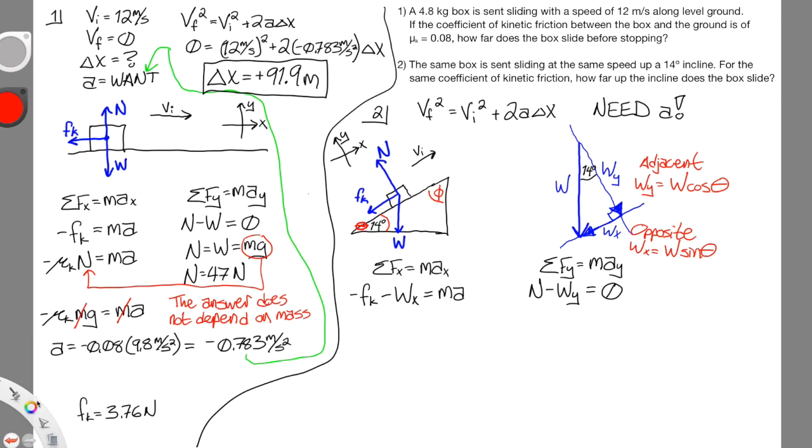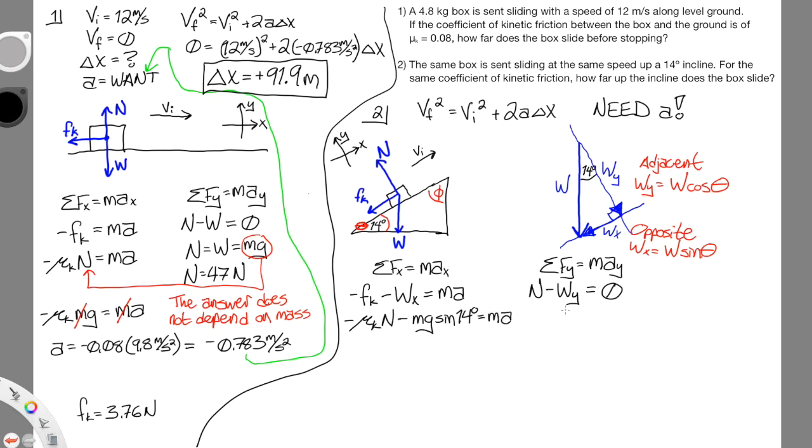All right, now we can go back to our F equals ma equations and start plugging in for any forces that have equations or components that need sines and cosines. In the x direction, we have, still negative, the coefficient of kinetic friction times the normal force, which is the kinetic friction force, minus the weight in the x direction, which we already said was the magnitude of the weight, mg, times the sine of our angle 14 degrees, equals mass times acceleration.